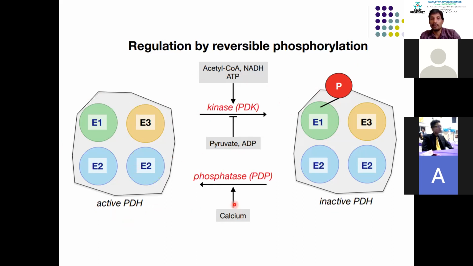Calcium is the one that will initiate the dephosphorylation by the phosphatase, so it will activate. Pyruvate will inhibit the kinase, so it keeps the enzyme in the active state, while acetyl coenzyme A, NADH, or ATP will activate the kinase so the enzyme gets phosphorylated, in order to make it inactive.